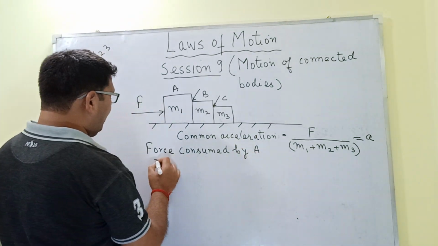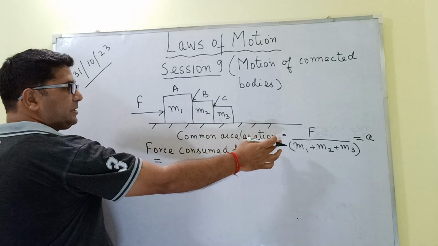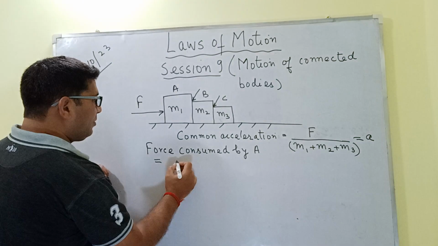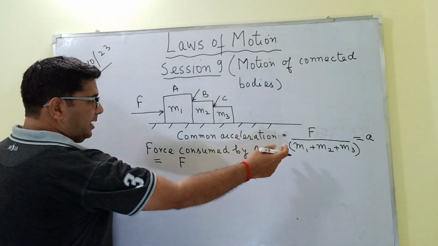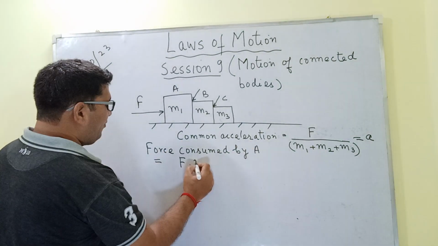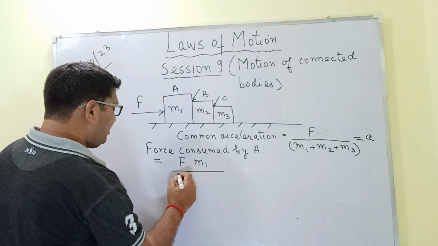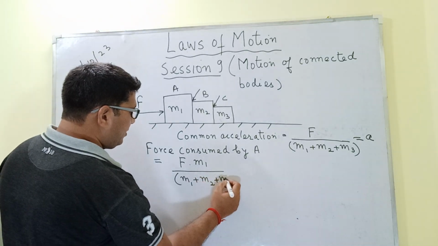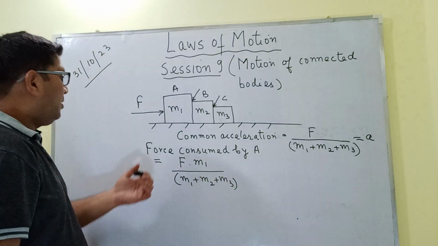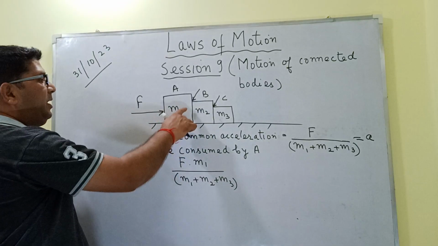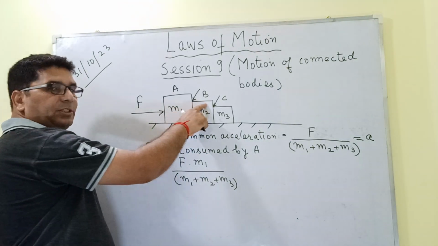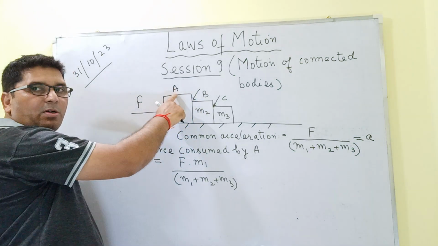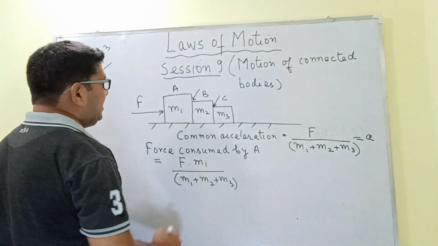Force consumed by A will be equal to, इसका कॉमन एक्सेलरेशन आ गया मेरा, इसका मास m1 है, so force consumed by A will be equal to F into m1 divided by m1 plus m2 plus m3. ठीक है. The remaining force will be transferred to this block through this interface, that is the interface of block A and block B.